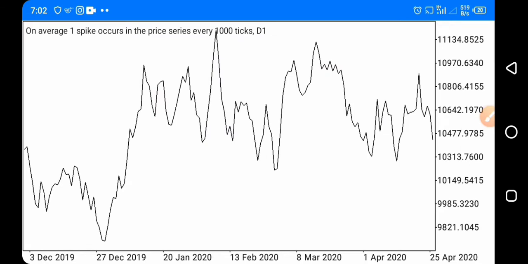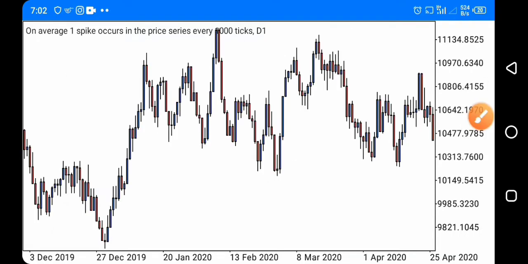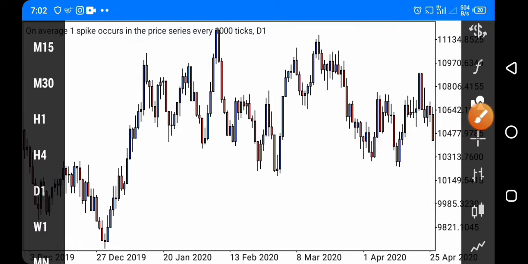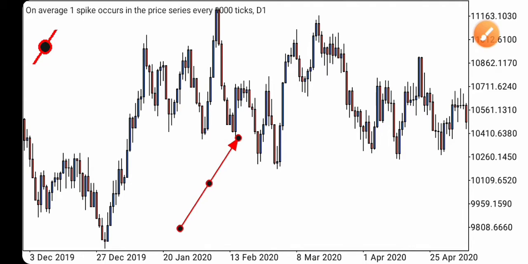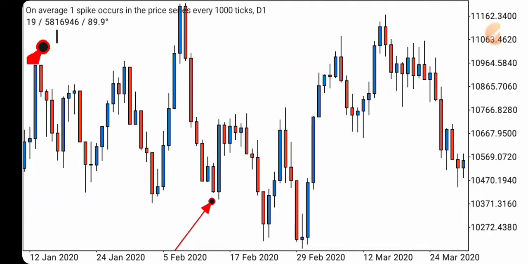Now, line charts will have only the opening and the closing price of every candlestick. Let's check on the candlestick. For a bullish candlestick, this is the opening price and this is the closing price here.